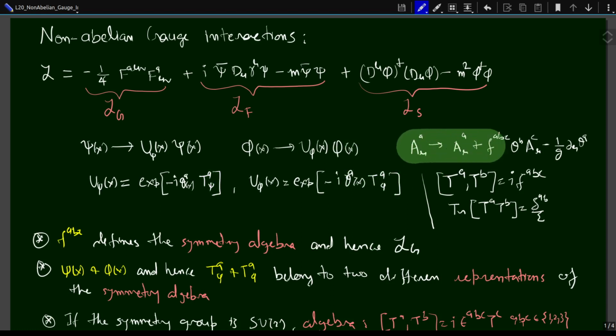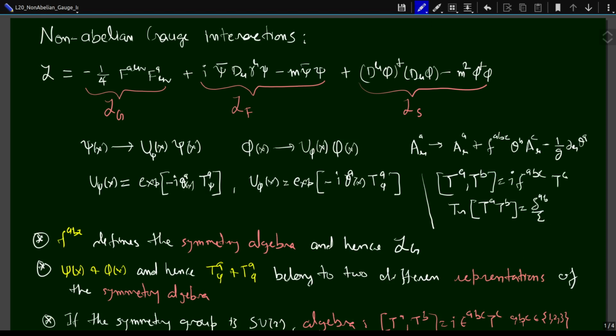On the other hand, A, the gauge field, only transforms as a function of θ. It doesn't much care about the representation, because A_μ^a belongs to a given representation, which is called the adjoint representation. And here the T^a satisfy [T^a, T^b] = i f^{abc} T^c. Pardon me, I forgot to write T^c.